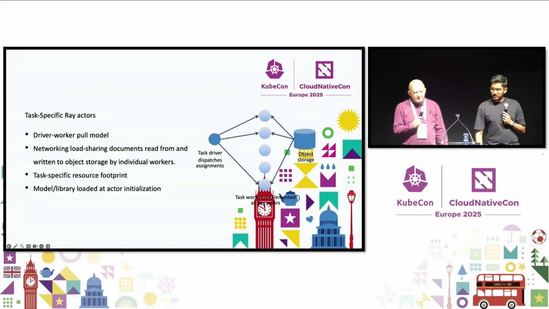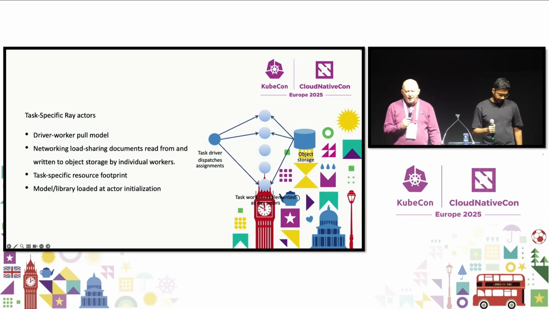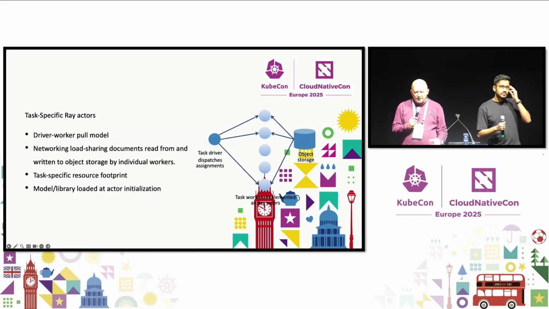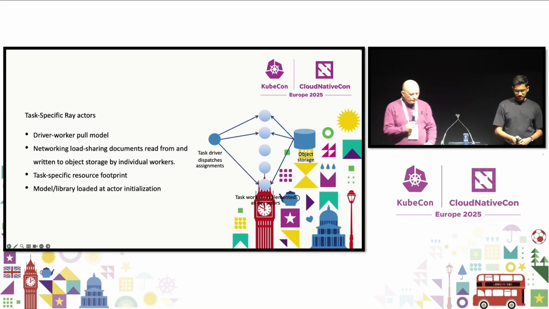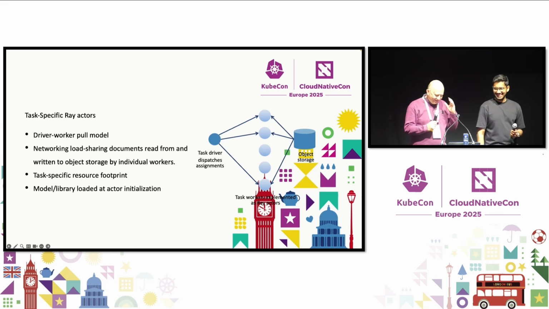All our Ray-based transforms follow the driver-worker paradigm. The driver, when it starts, reads all the input file names or object names in the case of S3, and dispatches tasks to workers, which are implemented like Ray actors.